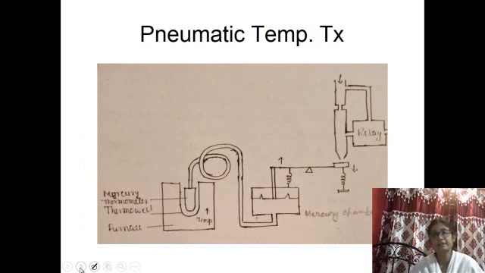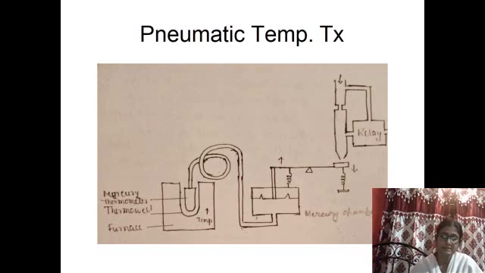Next is the pneumatic temperature transmitter. For all temperature measurement systems, there is what is called a thermo oil, where the thermometer should be embedded. Say this is a furnace and this is the thermo oil where the thermometer can be embedded. Say a mercury filled pipe, and again a jacketed pipe.